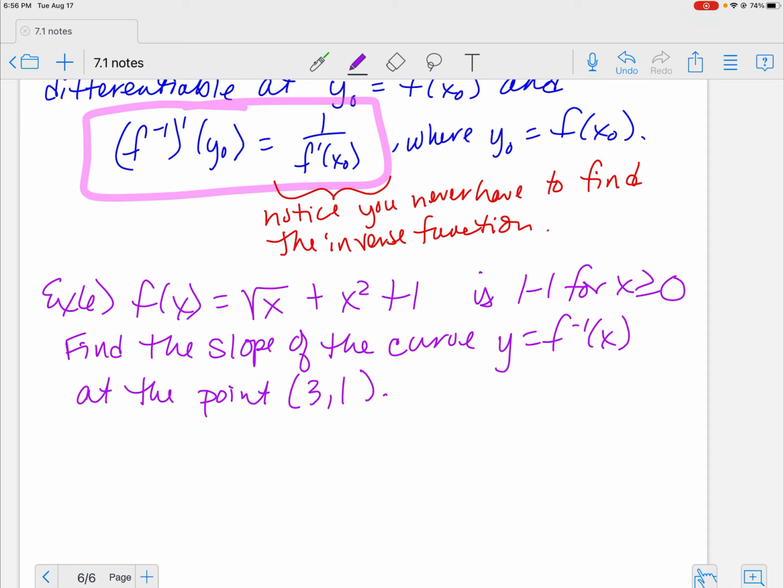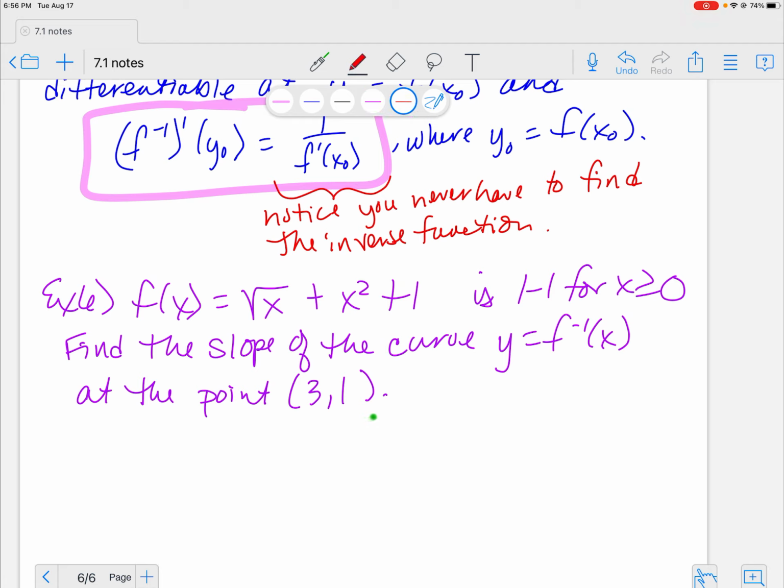Now here's some things that you need to pay attention to. I am told that this is my original function, f of x. I want to find the slope of my inverse function at this particular point.